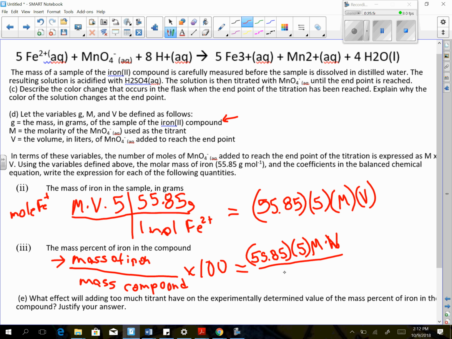So if we look back up there, that is G. If you multiply that times 100, then you have the mass percent of that iron. You have the part that's just the iron over the mass of the whole compound, the whole sample, times 100.